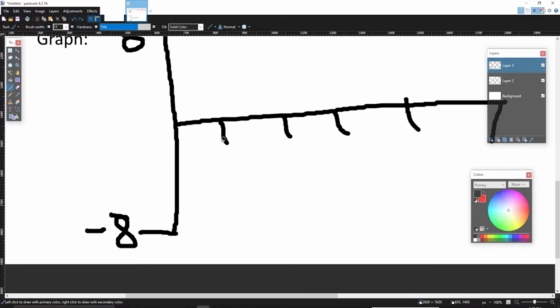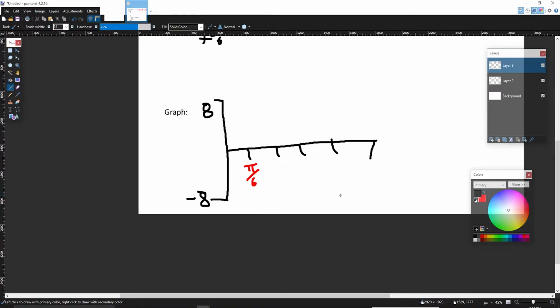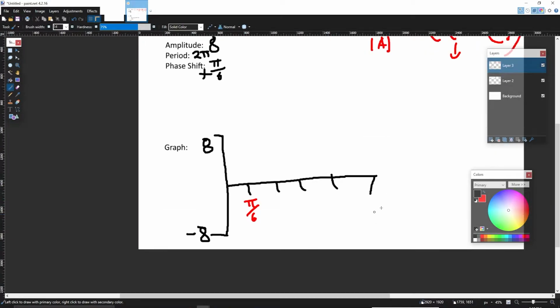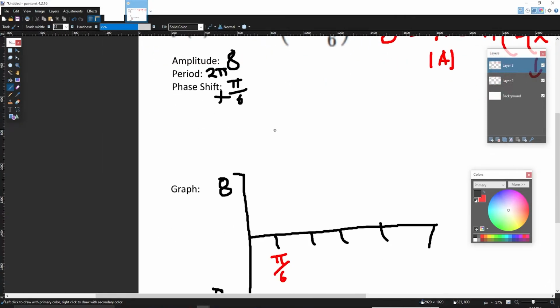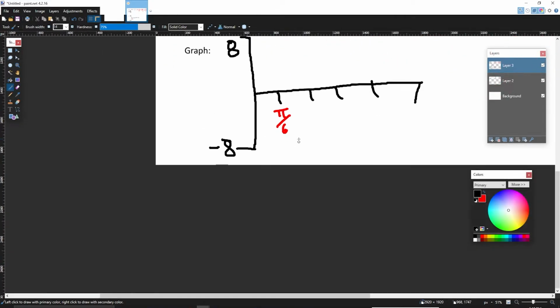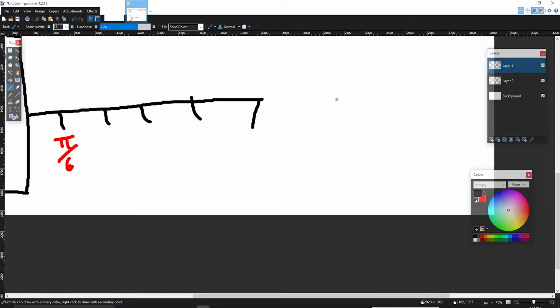So our first x value is going to be pi by 6. Nice. To find the last x value, all we have to do is add the phase shift to the period, okay? So in this case, we are going to do 2 pi plus pi by 6.